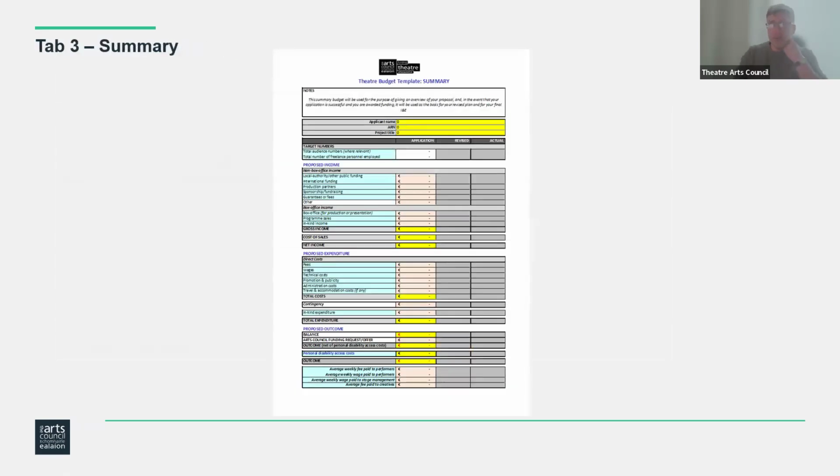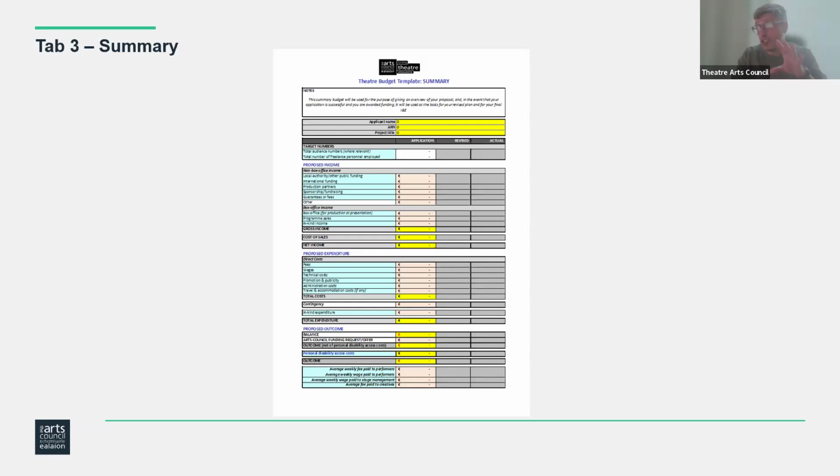And then tab three, which is the summary. So there isn't a field or a cell to fill in here. Everything gets automatically calculated into the summary. So this is a good place to get an overview of all the costs that you've detailed in the budget detail tab.